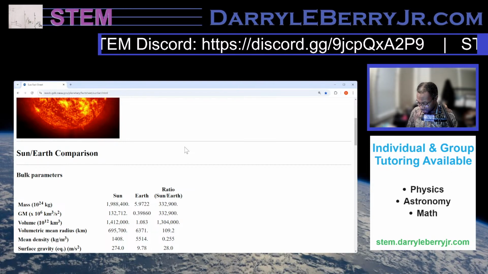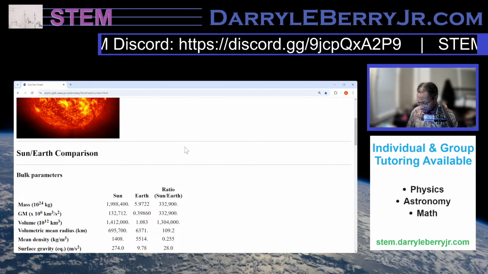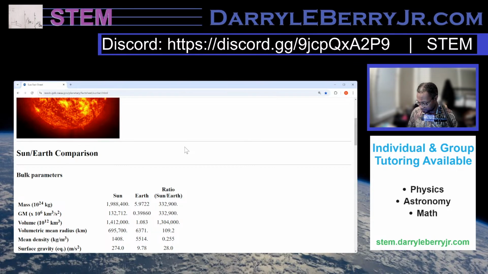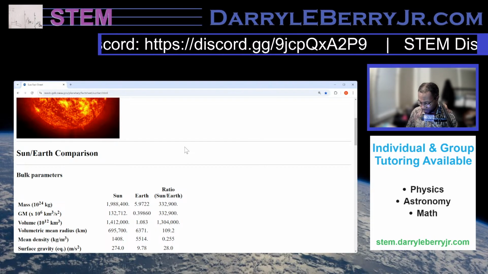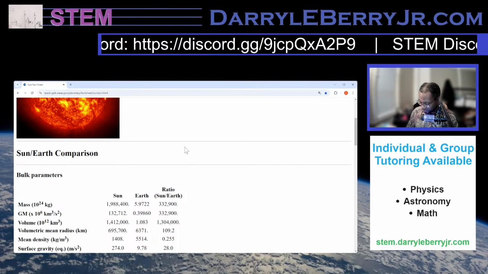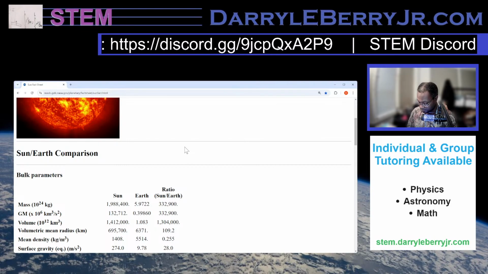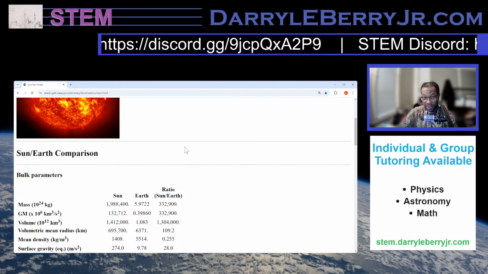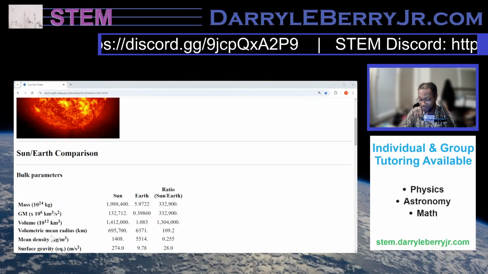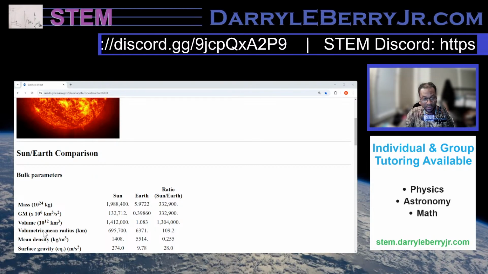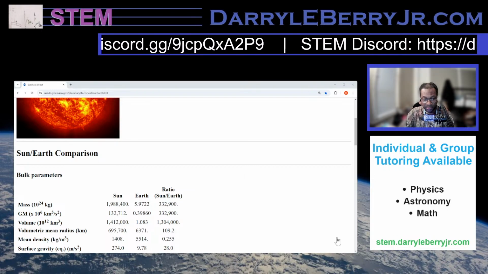At r equals R of the sun, the potential equals negative G M of the sun over R of the sun. So G equals, I wonder, did you ever have that memorized? I'll see what page it's on in Thornton and Marion.